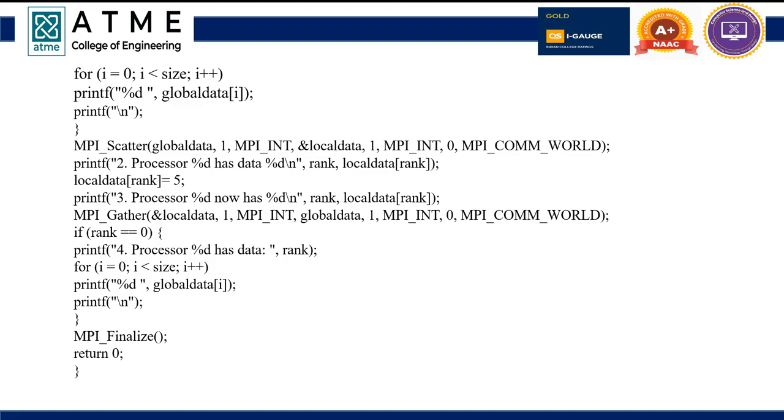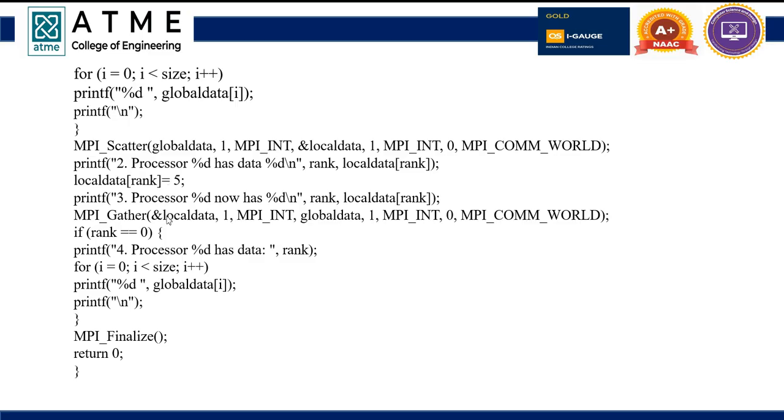Each process receives one integer into local data, and MPI_Scatter sends this with global data, 1, local data, 1, MPI_INT, 0, MPI_COMM_WORLD. Each process prints the data it received. You can modify the received data by changing it with the rank and print that particular modified data.